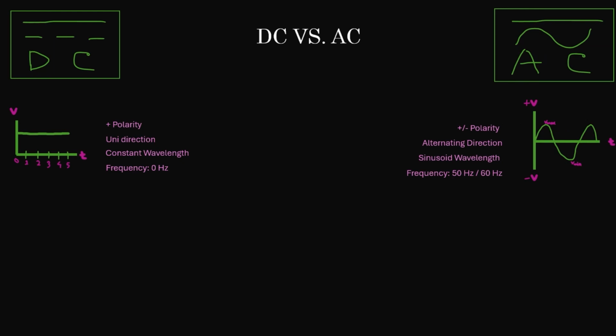Unlike AC, it has alternating polarity, it's always changing, and that's why you have the sinusoidal waveform and also the frequency. As you can see, I wrote 50 hertz or 60 hertz because depending on your location, in North America you have 60 hertz systems, and in the Asian parts you have 50 hertz. It's just their standard.